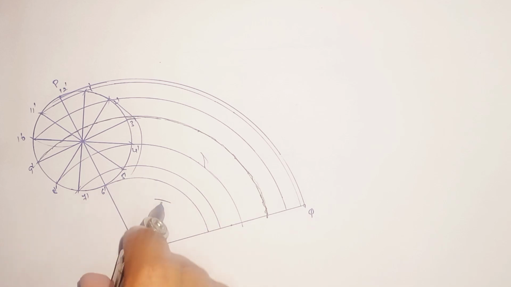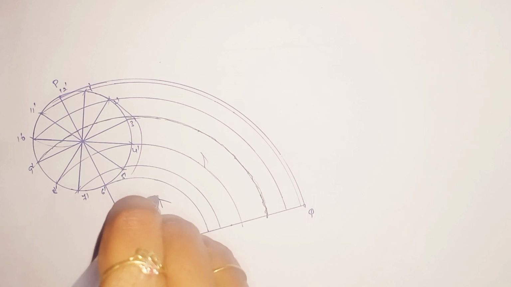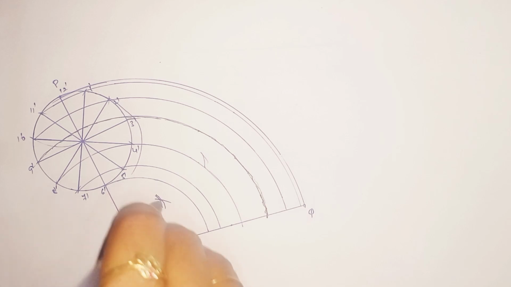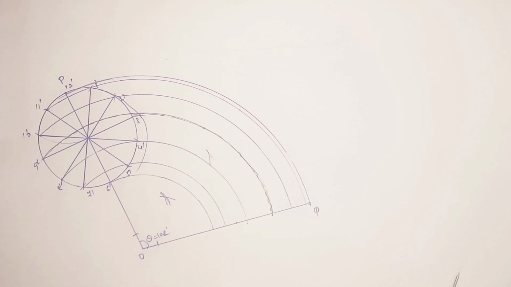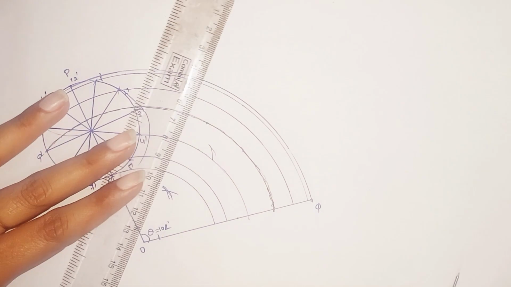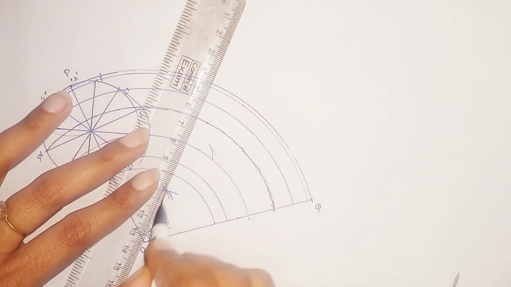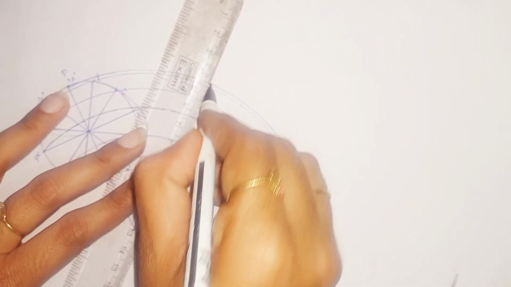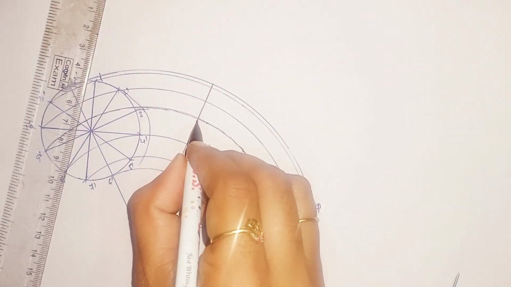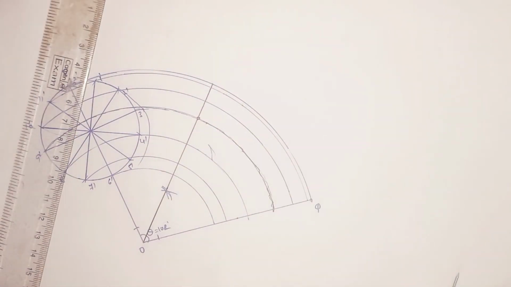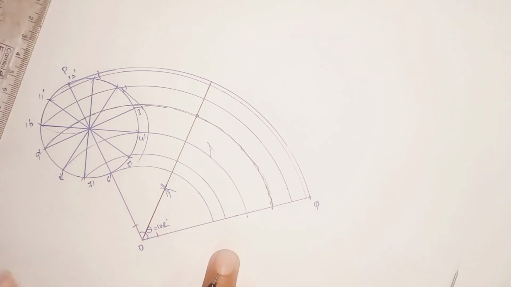Similarly, change the radius, change the center, cut the arc already drawn. Just join up the P and Q points. We got a point. That is the center.